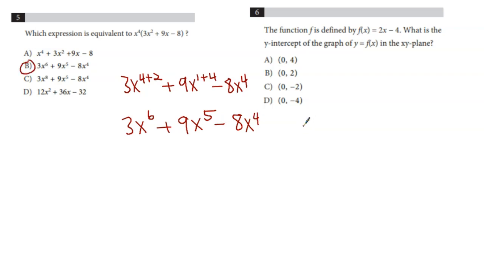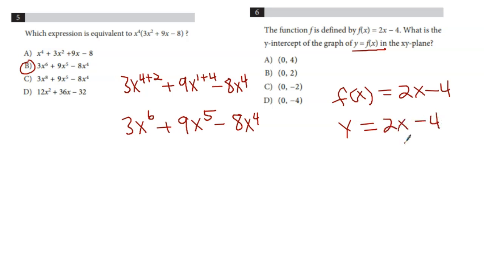The function has been defined as f of x is equal to 2x minus 4. They want us to find the y-intercept of the graph. Here they have given you that f of x is the same as y, so y is equal to 2x minus 4. What you have to know is that we are looking for the y-intercept. That means the line crosses the y-axis. At the y-axis, x is equal to what? 0.